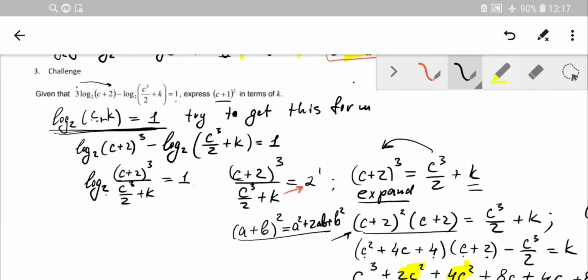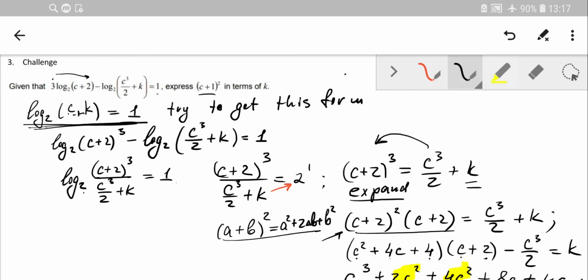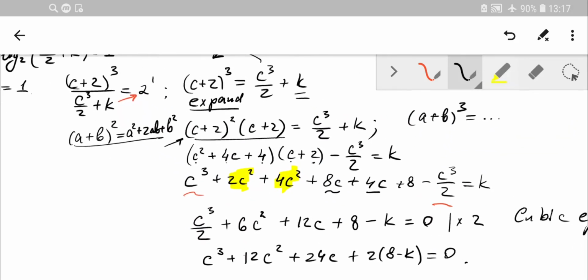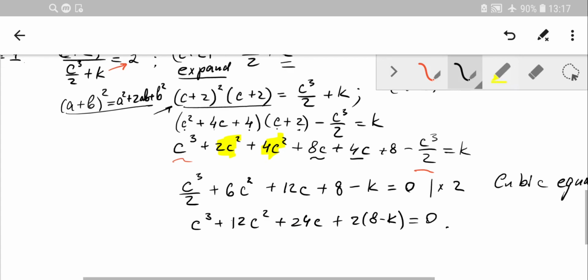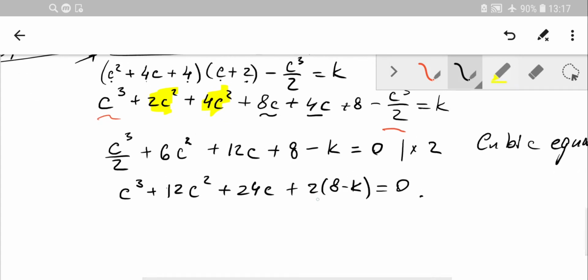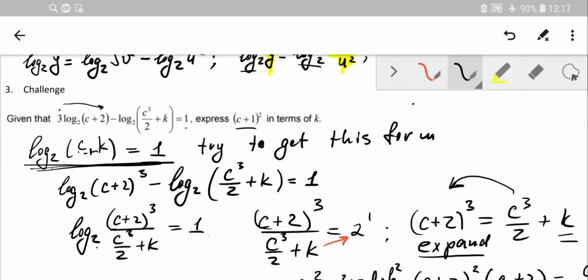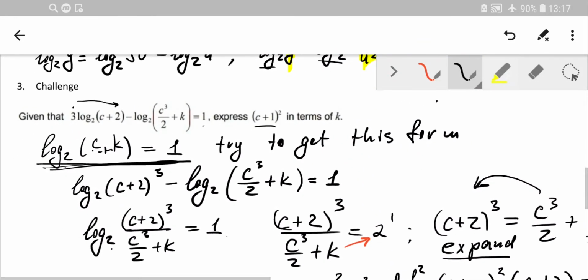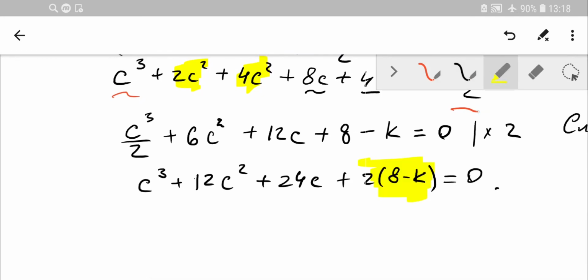I guess this should be done using a calculator, because it's pretty hard to do that. And you see that we have c cubed, 12c squared, 24c, and on the right hand side we have some expression linked to k. So I guess here we need to express (c + 1) squared in terms of k. It's a bit more complicated because we have some parameters, right?